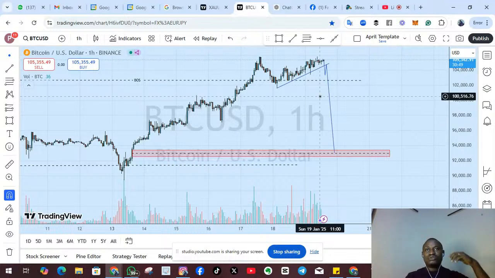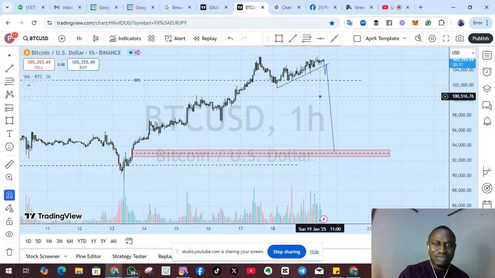Just him winning the election started Bitcoin on this bullish run, printing big candles over the last few weeks. So his inauguration into office and all of that might prevent this market movement from happening immediately. But market will find a way to balance itself.